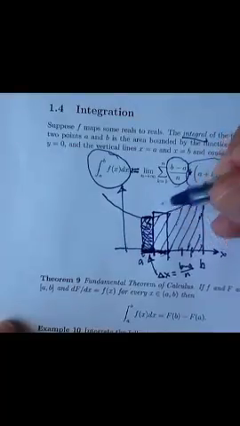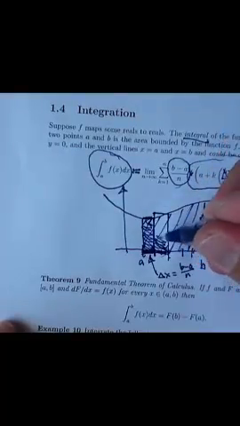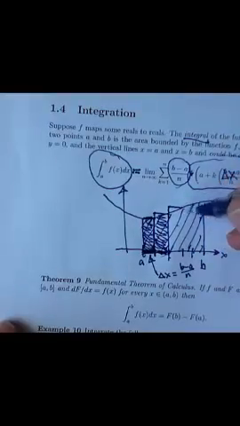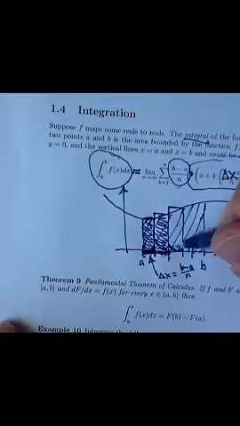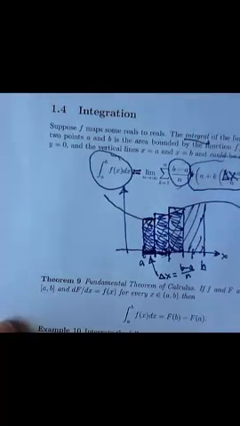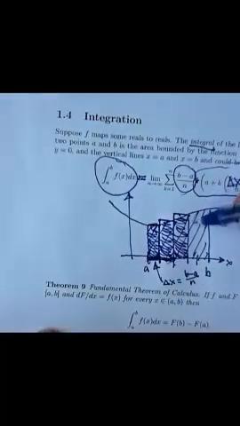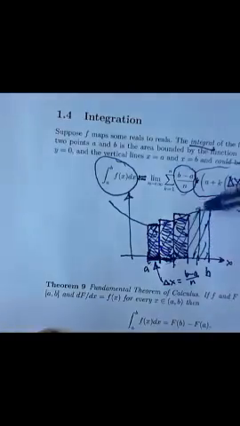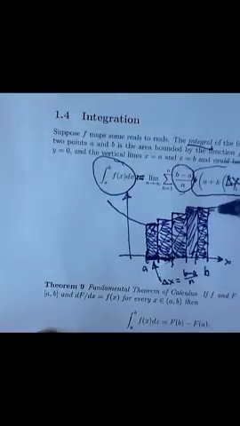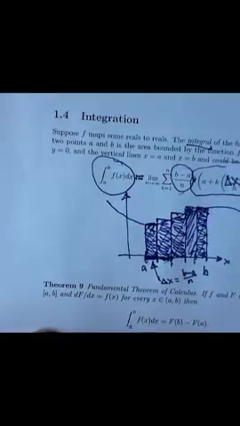So you can see that what we're doing is getting these rectangles in here. This is what that summation is. All this stuff on the right, without the limit on it, is just a summation of rectangular areas. The summation on the right is the area inside all those rectangles added up.